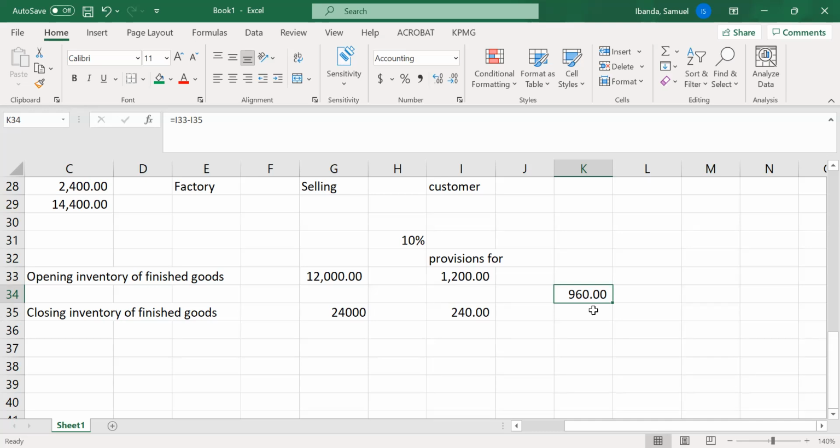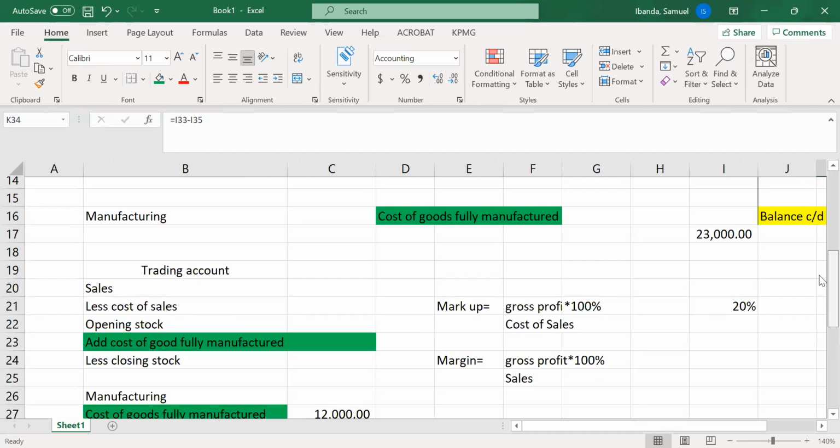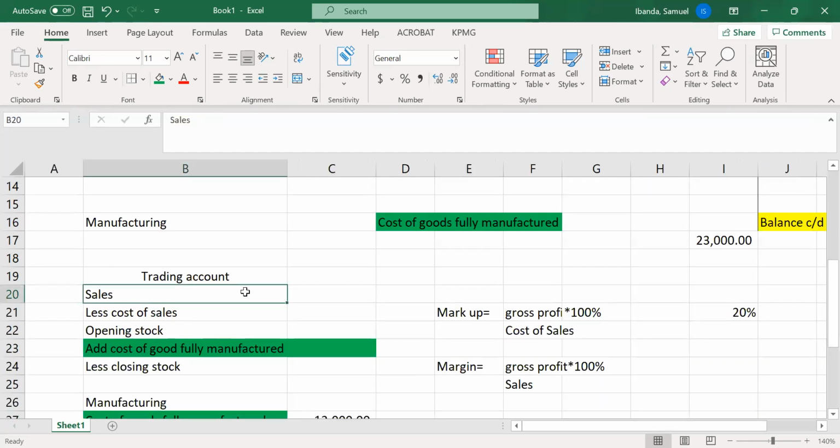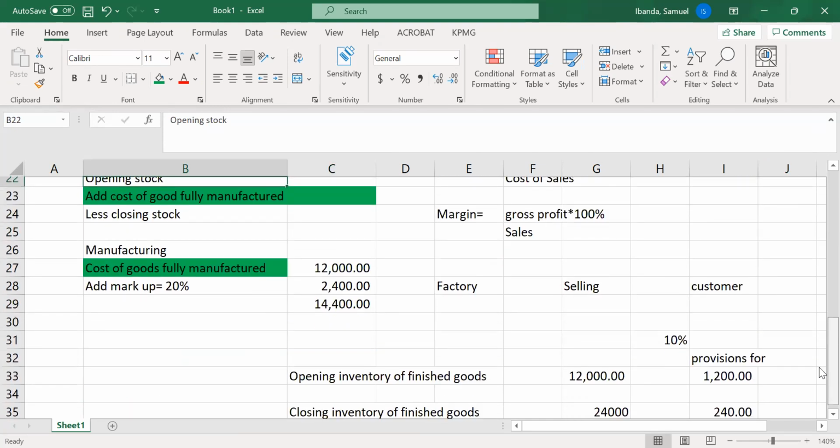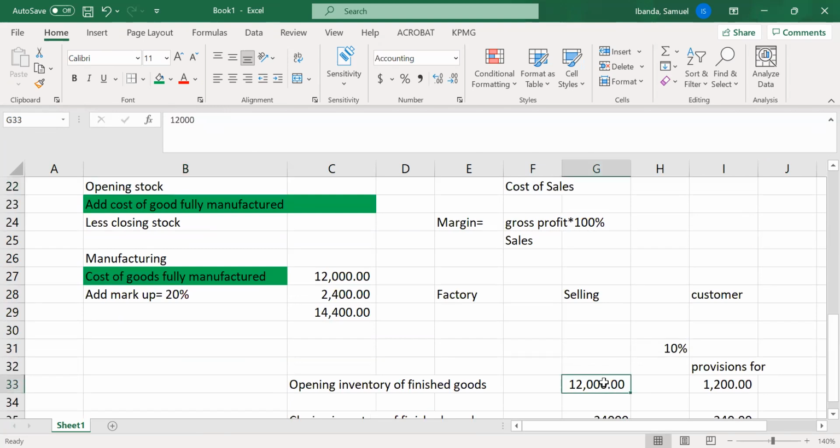And what you do when you're doing your P&L, after you've written your sales, definitely you do your less cost of sales, like what I tried to include here. Maybe just to clarify this again, your sales remain the same. Your opening inventory of finished goods will also have a markup. So if, for example, it was this, you'll not see the 12,000 anymore.